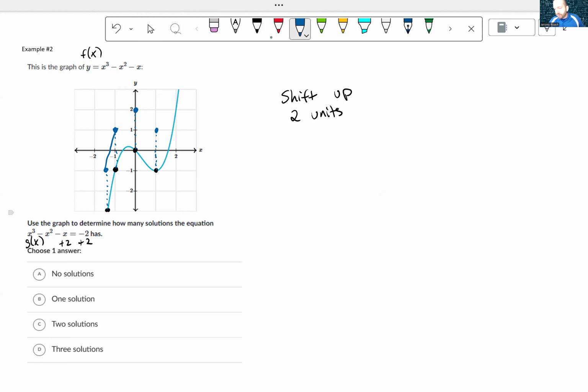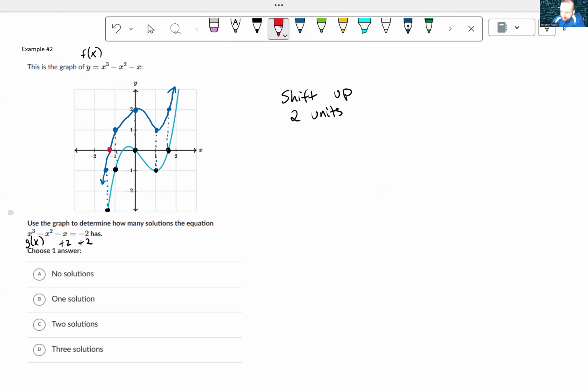And I'm not a very good artist, so I'm just going to do my best here with what it's going to look like. And actually, let's try one more point before we keep going. So this one, and we'll go up to like that. Okay, so now this comes around like that. So that's the best sketch that I can come up with for this shifting up 2 units. Now, if we look at the question, it says, how many solutions are there?